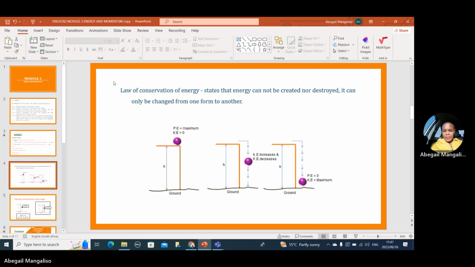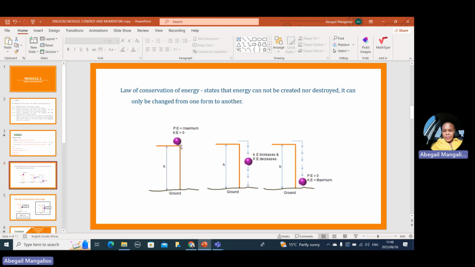Now, the law of conservation of energy. Let's look at the first picture here. There is an object that is resting on top of a platform.